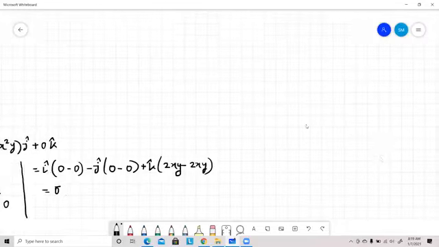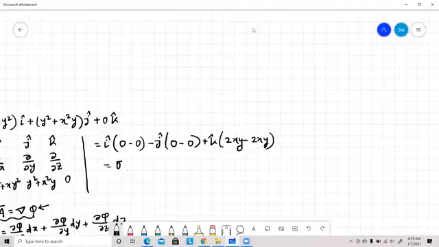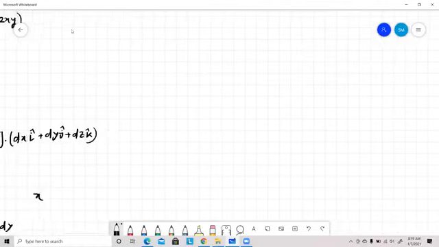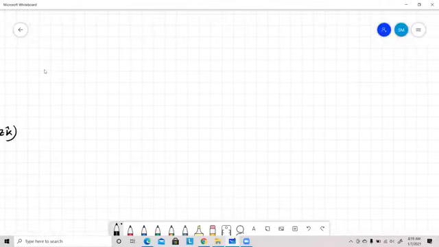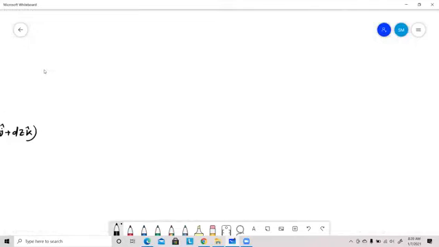We have to find the scalar potential function phi. The procedure is the same. We have to make the function integrable, and eventually we have to do integration to find phi.